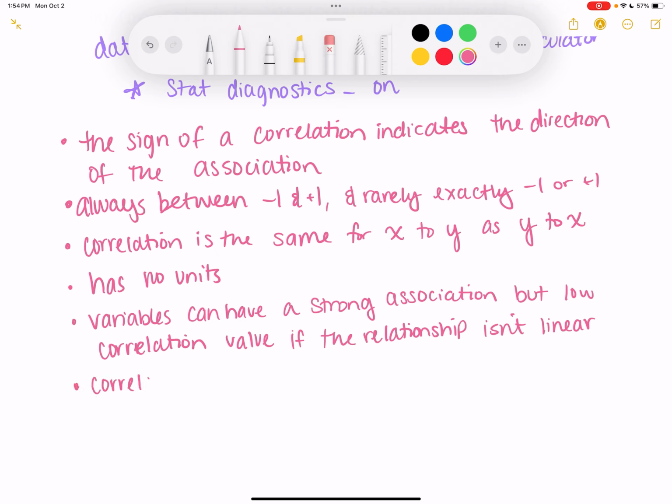And correlation is sensitive to outliers.